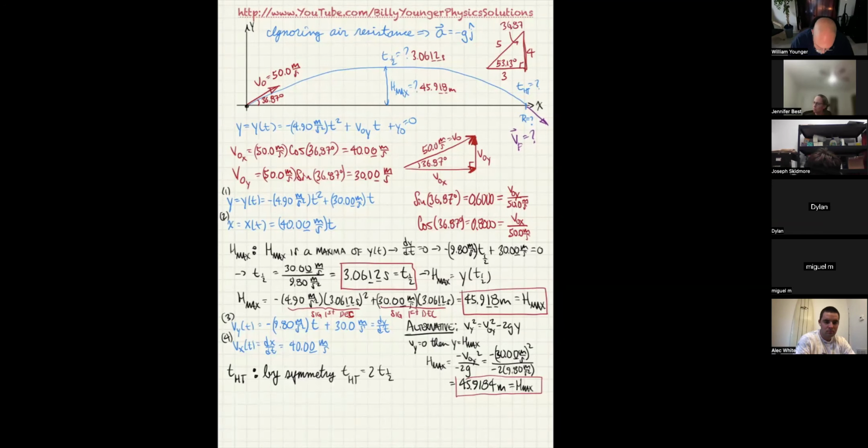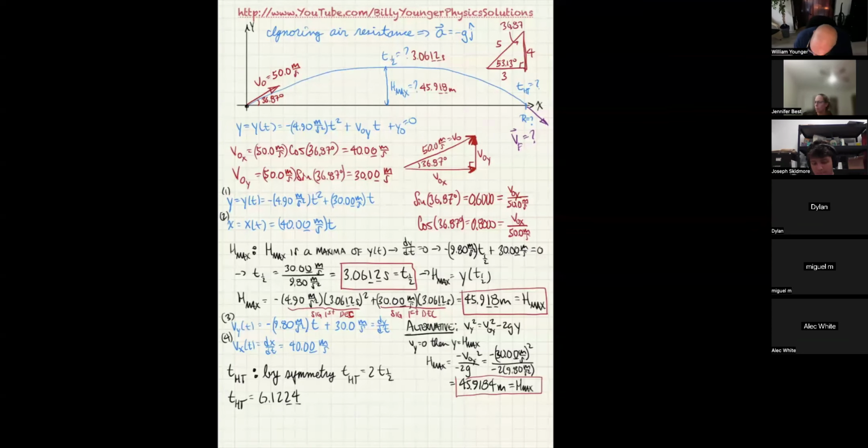In fact, you would say that T hang time would equal 3.0612 times 2, which is going to give me 6.1224, with exactly as many extra digits as the previous one had, and that would be time. So I'm going to circle that as if it's a right answer.